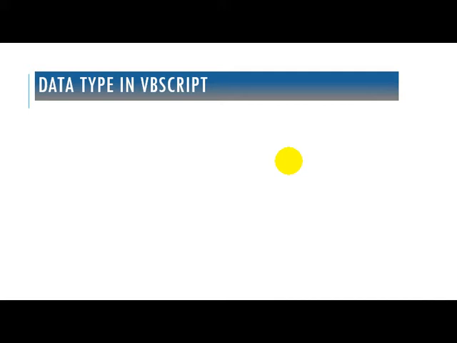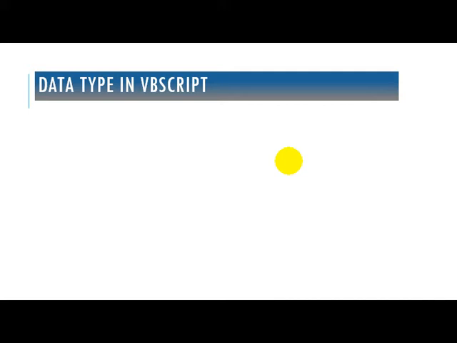Now, we got the data types and I told you some of them, right? Are they the same data types that we use in VBScript, or does VBScript have different ones? If you ask me that, yes, VBScript is a little different compared with other languages like Java or .NET.